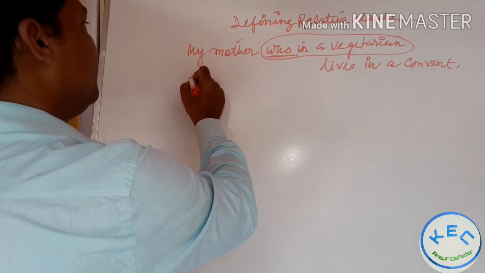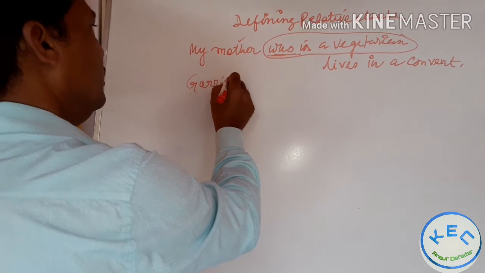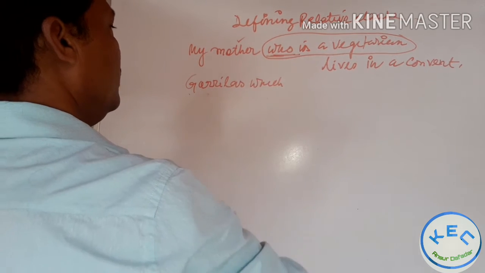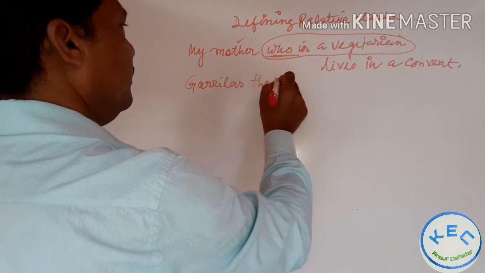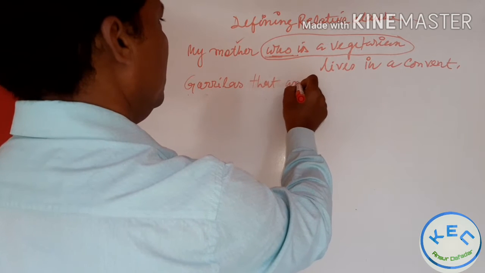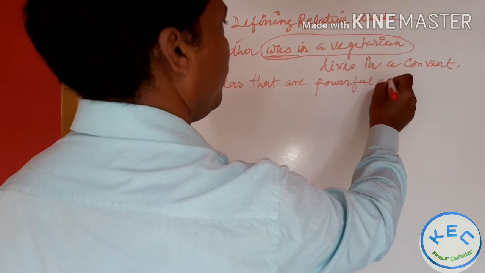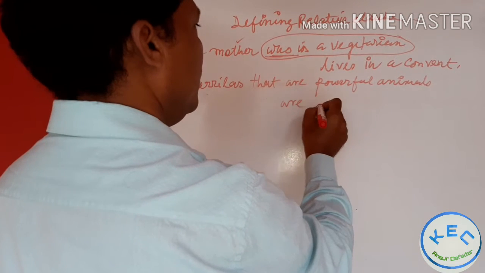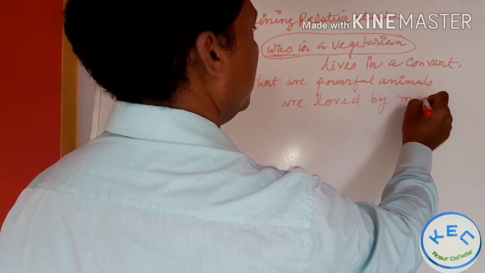Another example: gorillas that are powerful animals are loved by men.